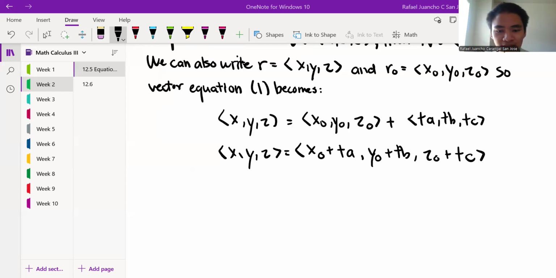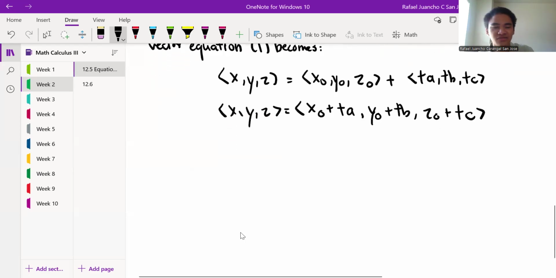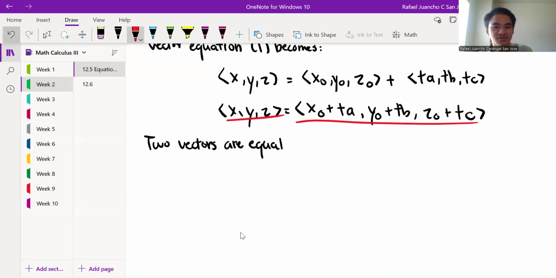And from there, two vectors are equal if and only if corresponding components are equal. I have yet to completely understand what that means. Two vectors are equal. Oh, we're proving that these two are equal.